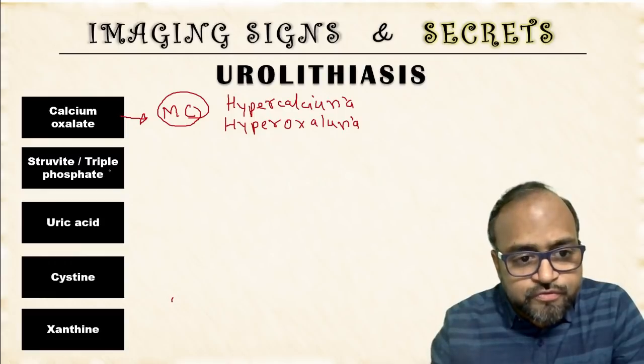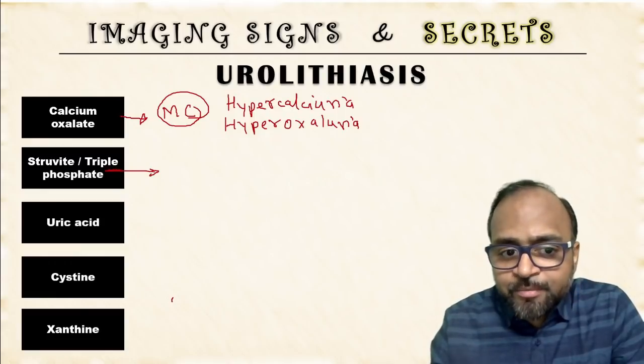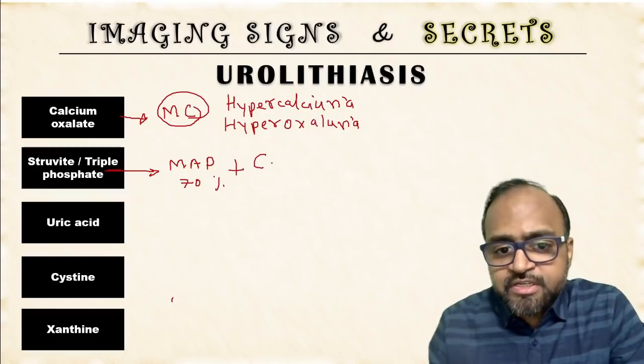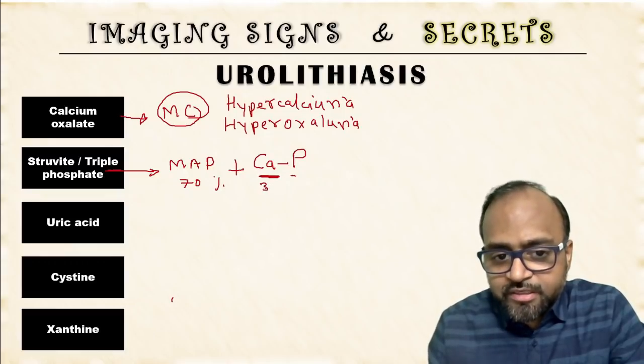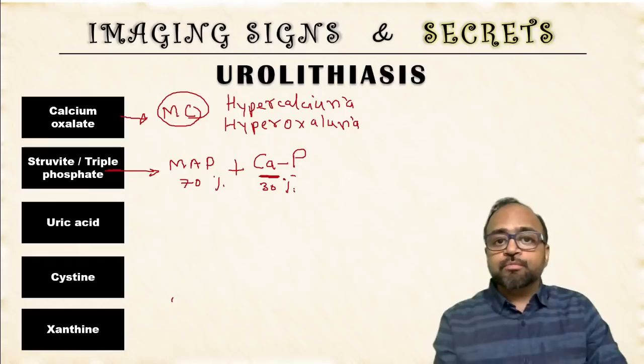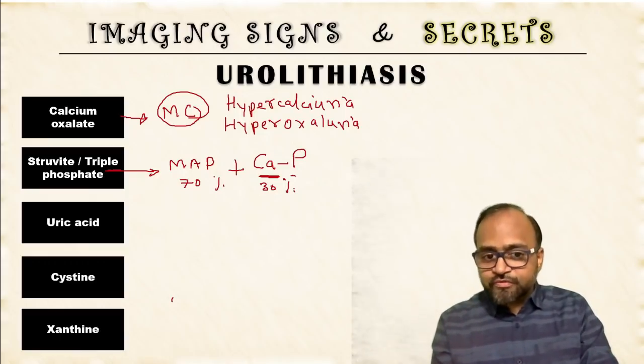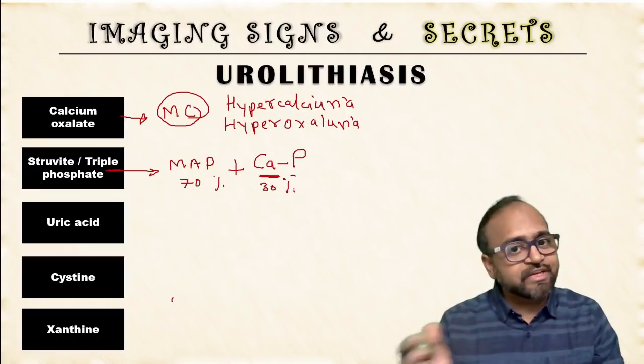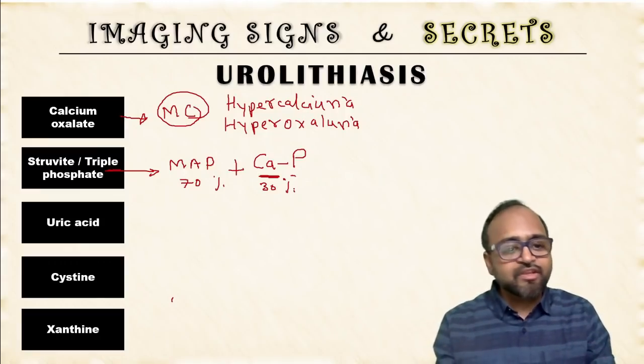Struvite or triple phosphate. Why is it called triple phosphate? Can you tell me? Because I said it comprises magnesium ammonium phosphate, which is almost 70% of the composition, and the remaining 30% is calcium phosphate. Therefore, because it is magnesium ammonium phosphate and calcium phosphate, this is called triple phosphate calculi, struvite calculi, right?